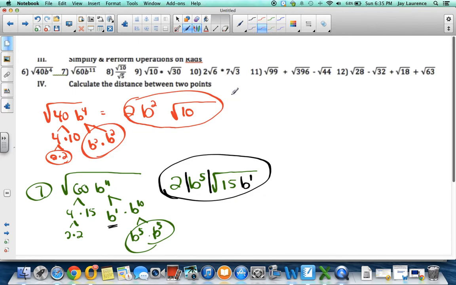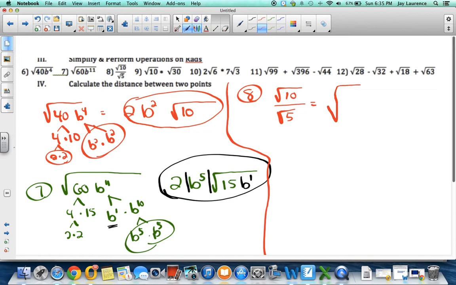Number 8, there's a couple different ways to do number 8. Okay, number 8, we've got rad 10 over rad 5. Well, I can do it like this. I can write it as the rad of 10 over 5, which is the same as rad 2, because 10/5 is 2. And I'm done.